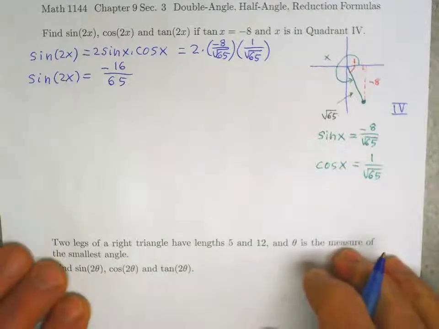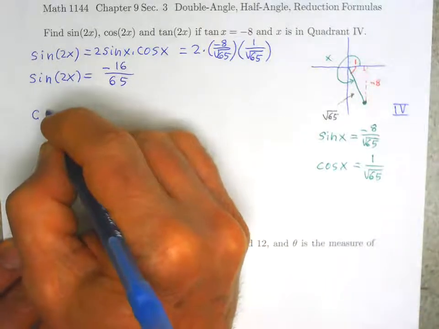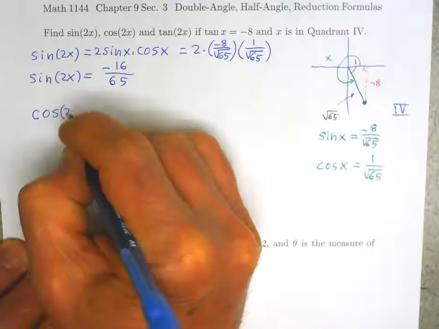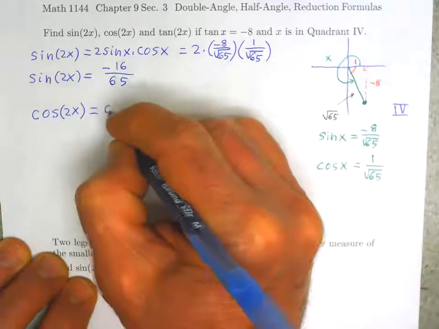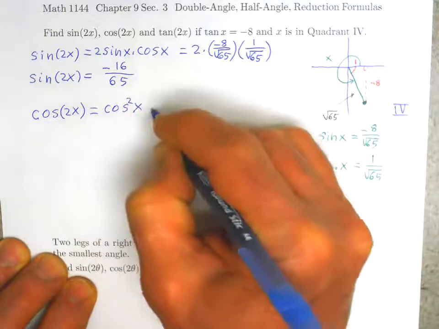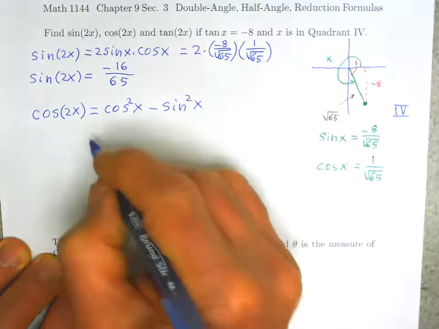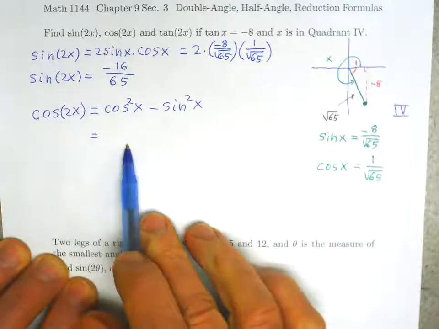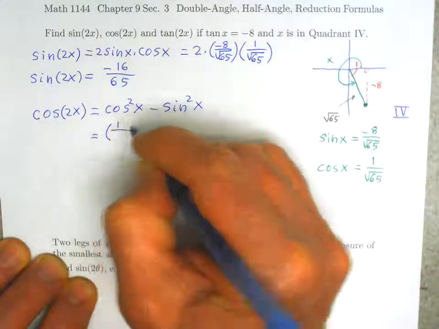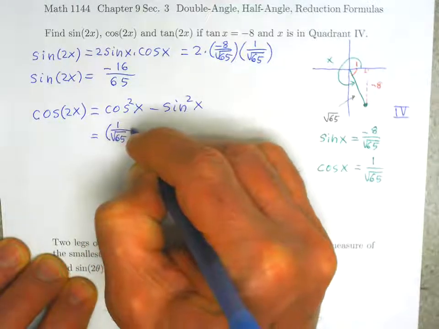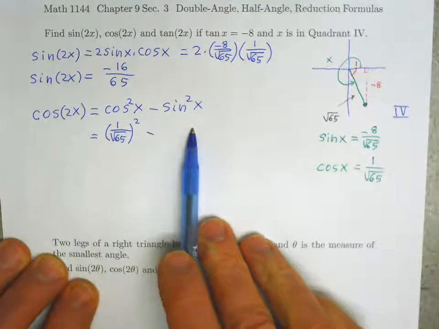Okay, now let's focus on cosine of 2x. Cosine of 2x, well, this is cosine of x squared minus sine of x squared. Cosine of x is 1 over the square root of 65. So we're going to square 1 over the square root of 65. And then from that, we subtract sine of x squared.